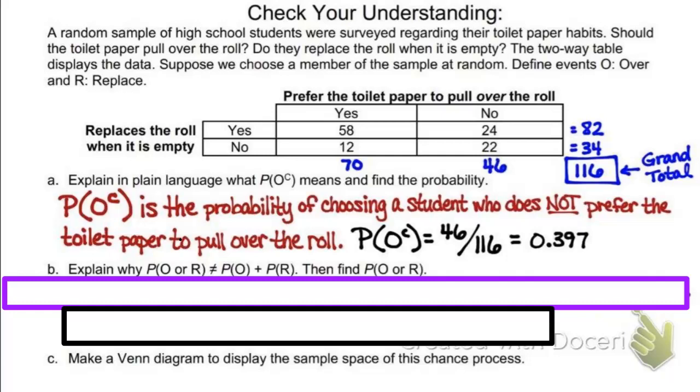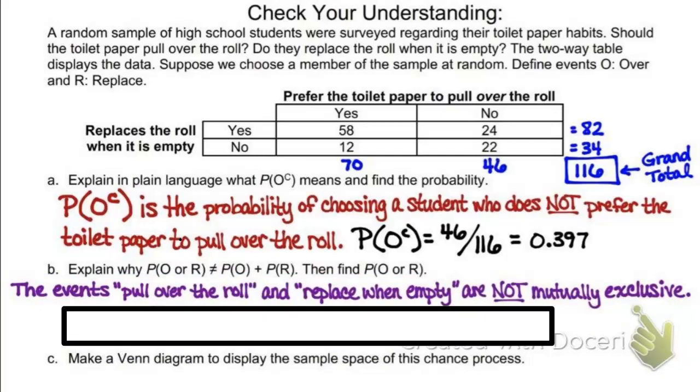Why can't I just add those two probabilities together to get the union? Because it's ignoring the overlap. We're double counting some people in there. The events pull over the roll and replace when empty are not mutually exclusive.